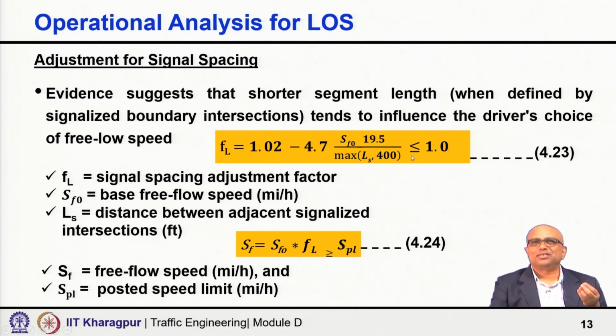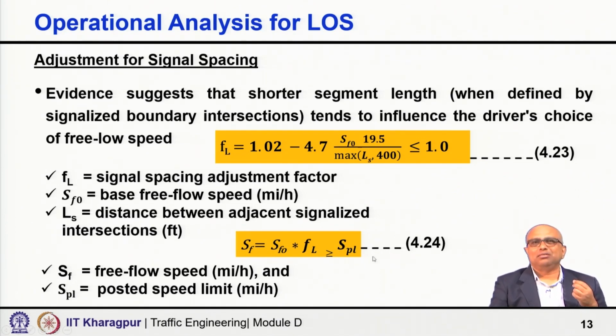Obviously, this has to be less than or equal to 1, because whatever BFFS you have estimated can only go lower when you consider this signal spacing effect, or it may stay the same. SFO is the base free flow speed, and LS is the distance between adjacent signalized intersections. We take the maximum of LS and 400 feet. So practically, beyond 400 feet the value remains constant.